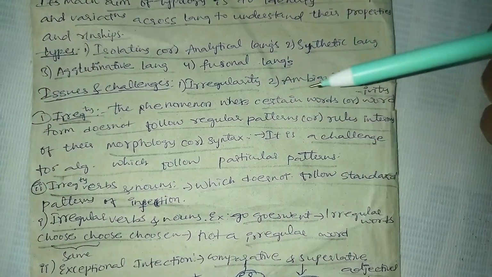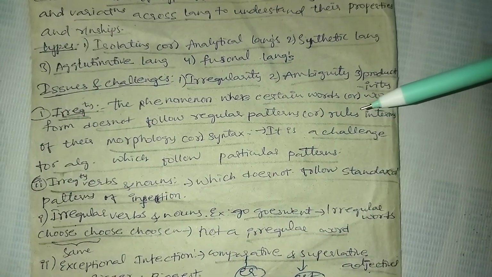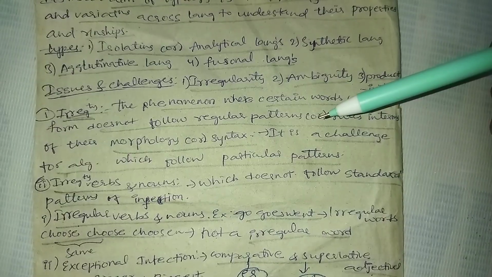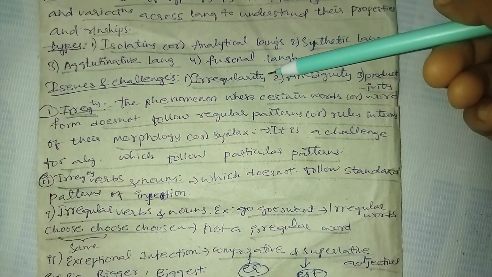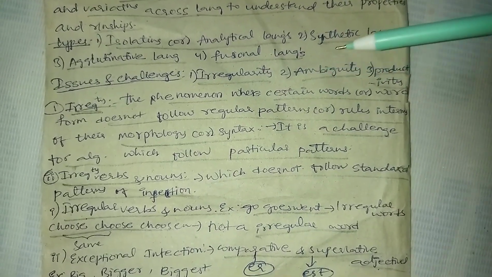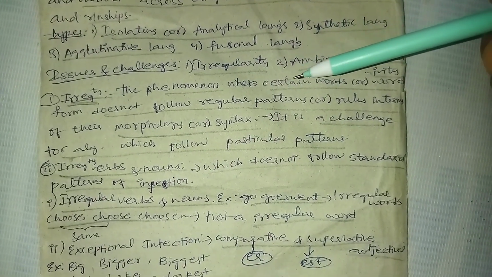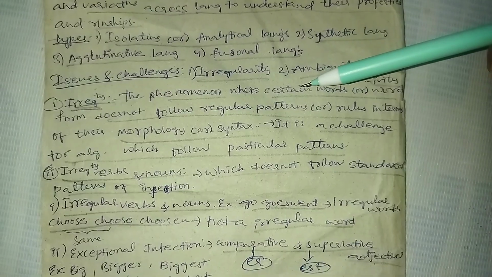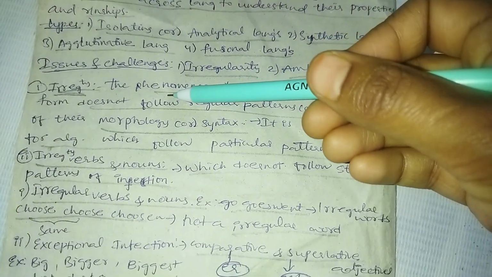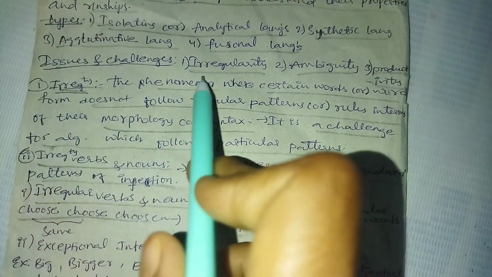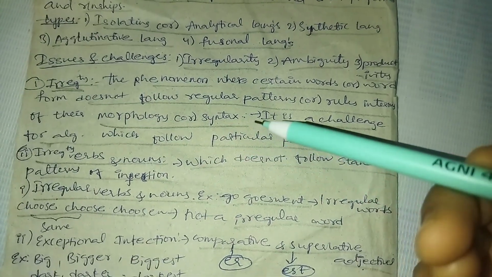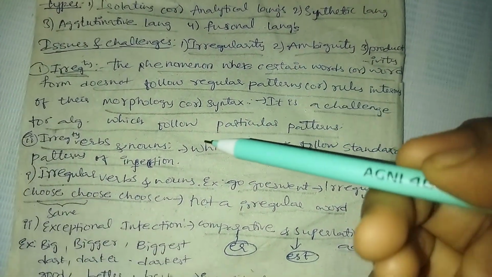Another concept is issues and challenges. We have three concepts in issues and challenges. Irregularity is the phenomenon where certain words or word forms do not follow regular patterns or rules. Regular is nothing but following some rules; irregularity is not following the rules.